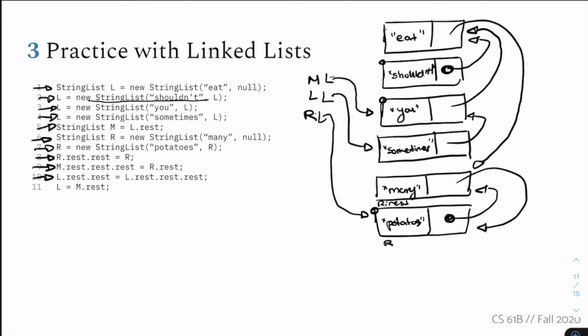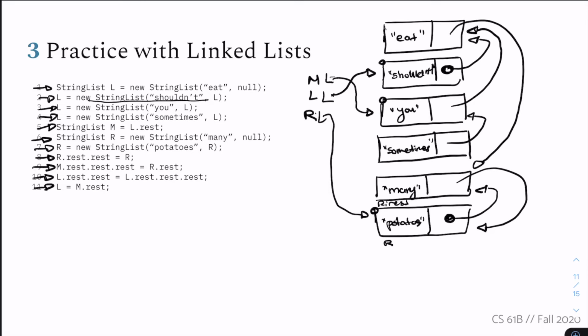And so we're setting L just equal to that. So we're just going to point here. And that is the final form of our very complicated linked list problem. Don't worry if you didn't get it on the first go. Just try it again and go slowly through all of the different linked lists.